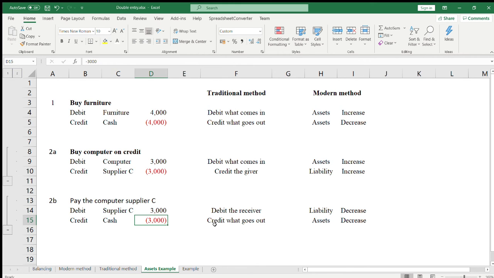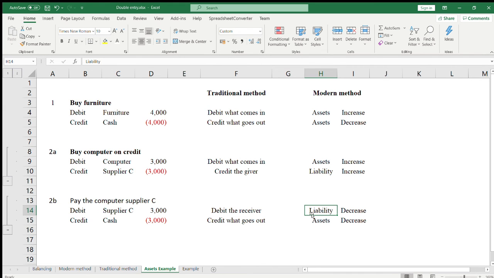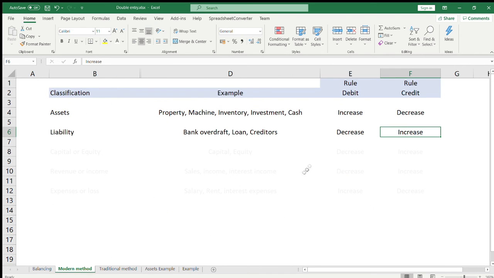What will we debit? We will debit the supplier. Why? Because supplier is a liability, we know that. And we have paid this supplier. So when the liability decreases, you debit the liability as per the modern method.